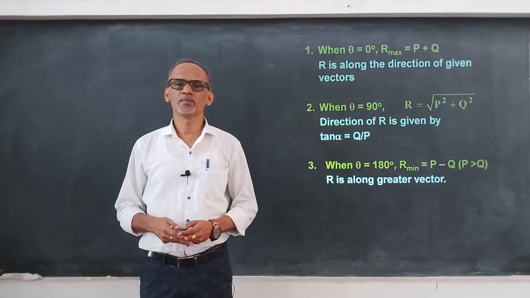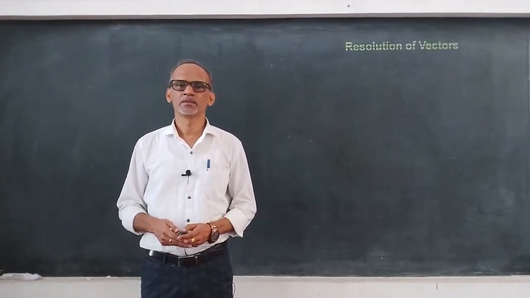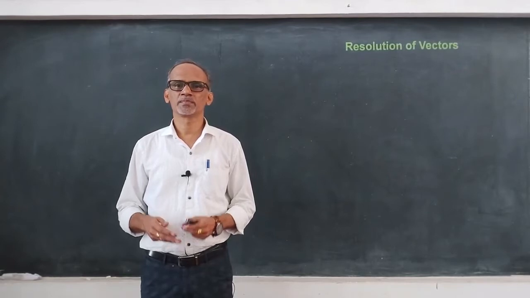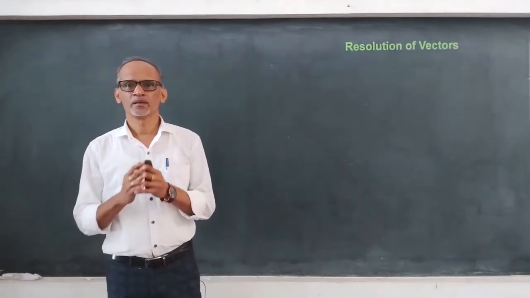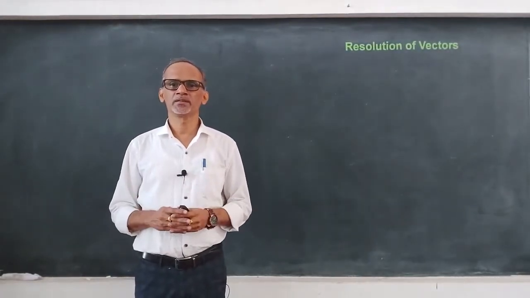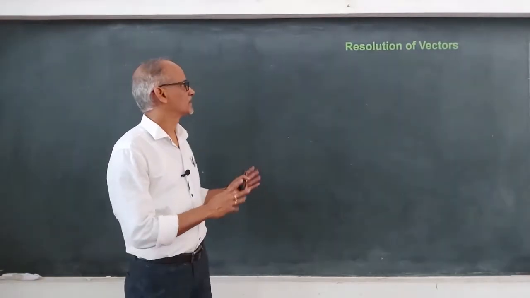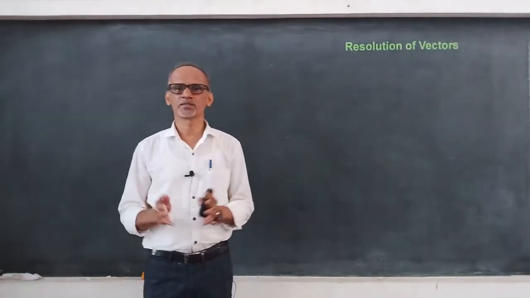So, let us learn more about vectors. We have an important concept which is used in vectors and again in many of the chapters. This is called resolution of the vectors. Now, what do you mean by resolution?